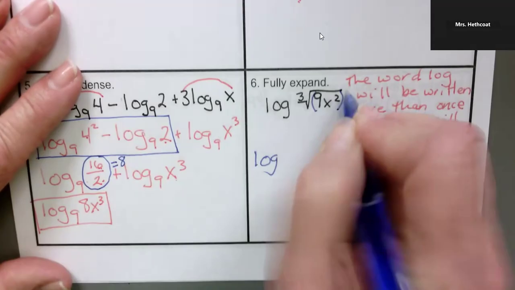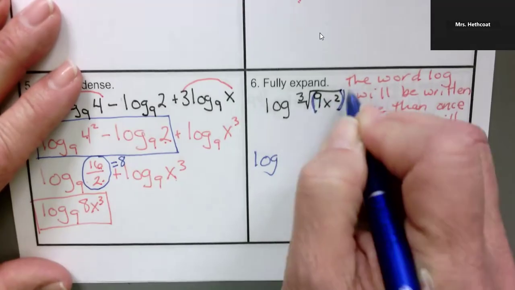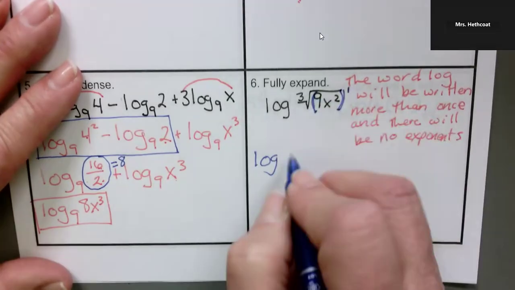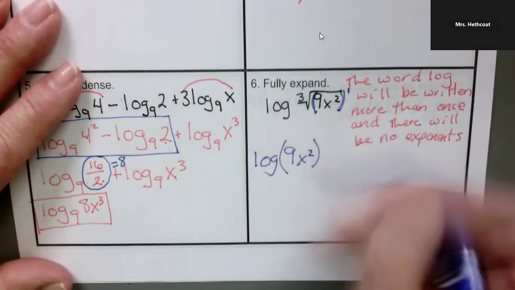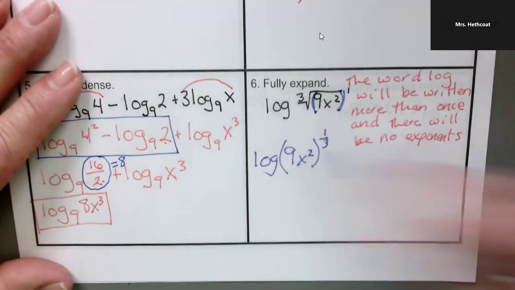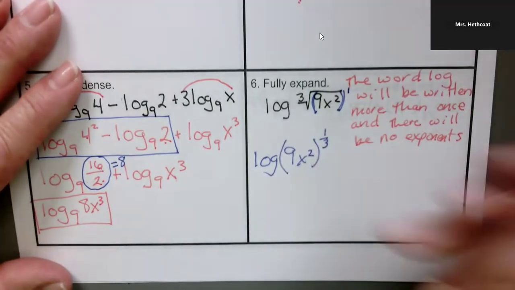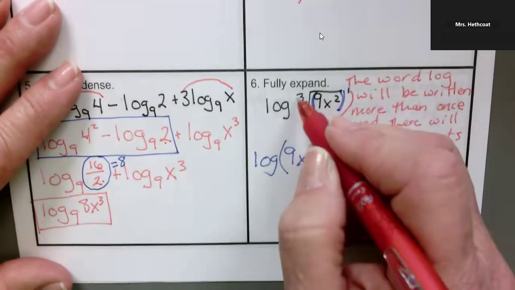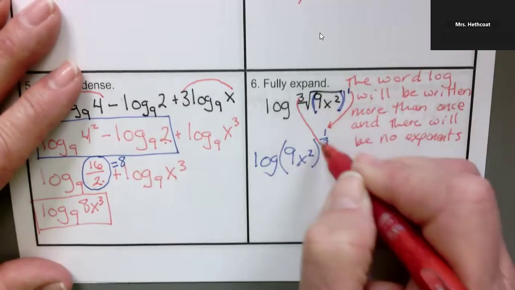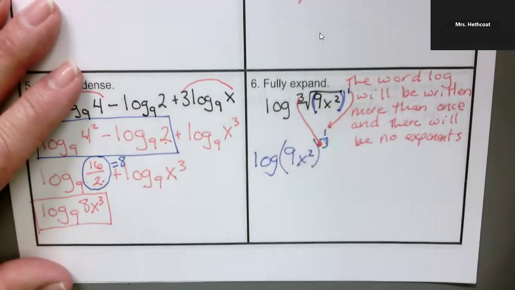So we put parentheses around it because the whole thing gets the fractional exponent. So we get 9x squared in parentheses to the 1/3. There was an invisible 1 out here. That's what becomes the numerator. And then the 3 becomes the denominator of our fractional exponent.